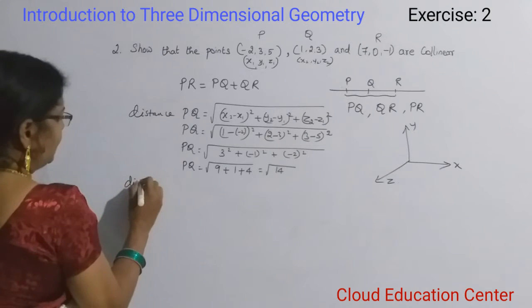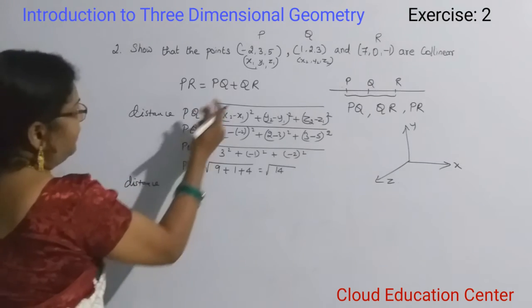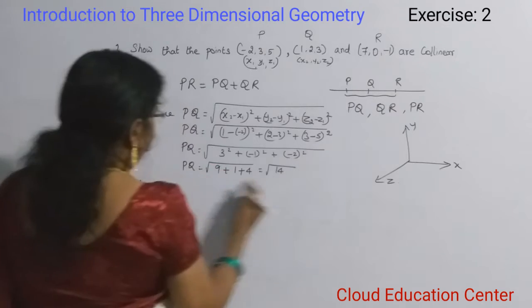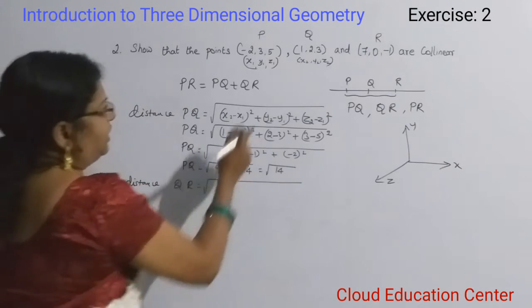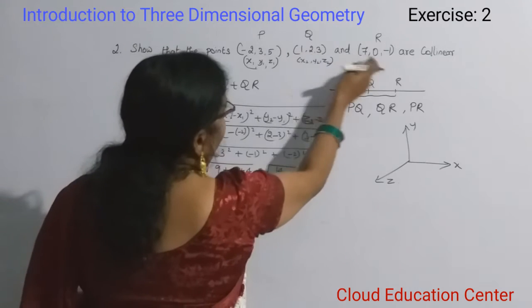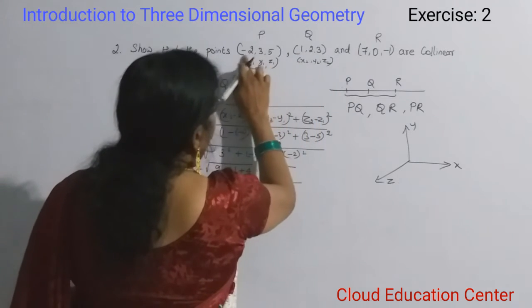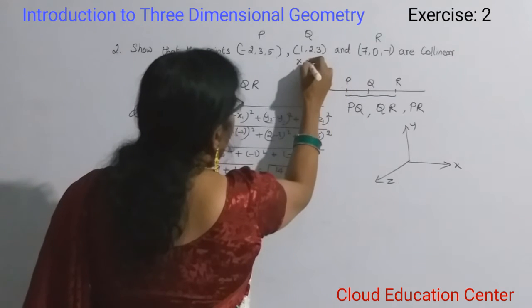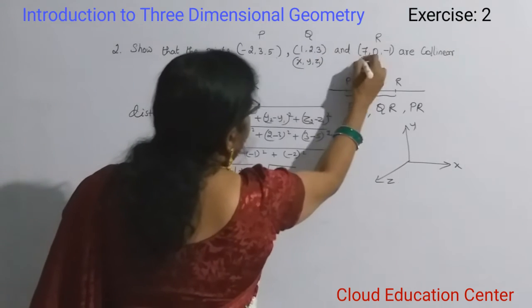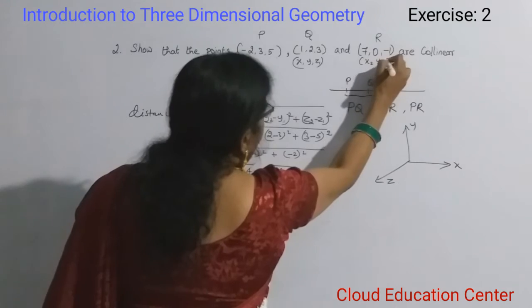Now we will find the distance between the Q and R points. Same formula we use. Here, to find the QR distance, we will take this as x1, y1, z1 and this as x2, y2, z2.